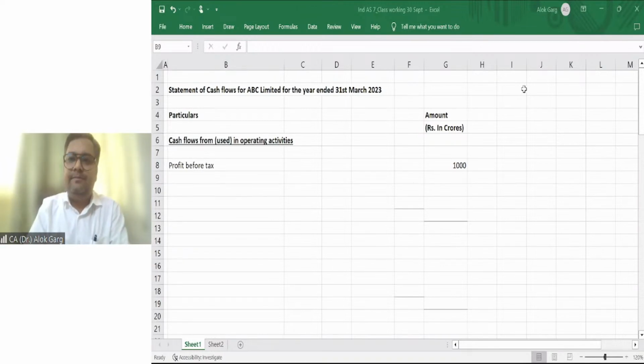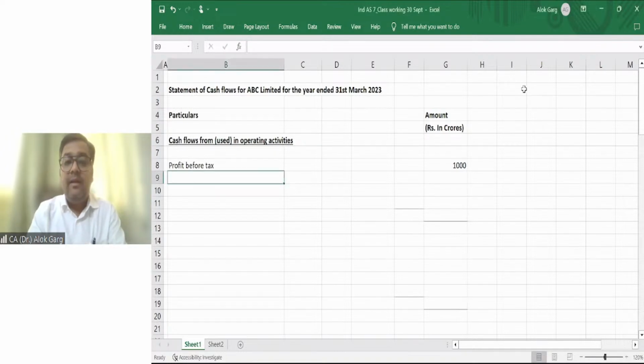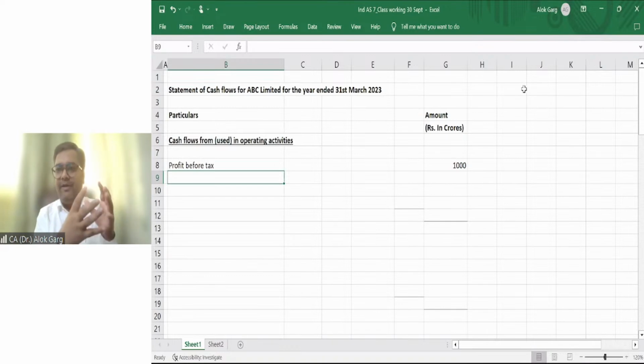Now, friends, since it is a cash flow statement, and I have taken a profit from the P&L account, the P&L has been prepared on an accrual basis. And there is a very famous line item in the profit and loss, which is a non-cash item. Can you please tell me the name of that non-cash item in the profit and loss?